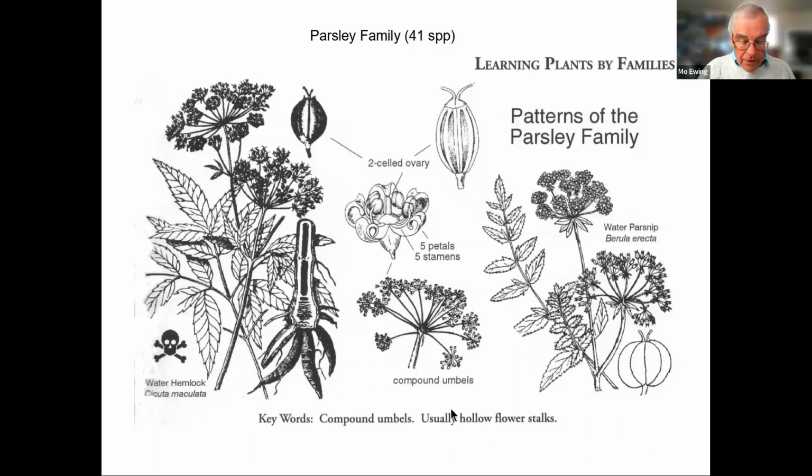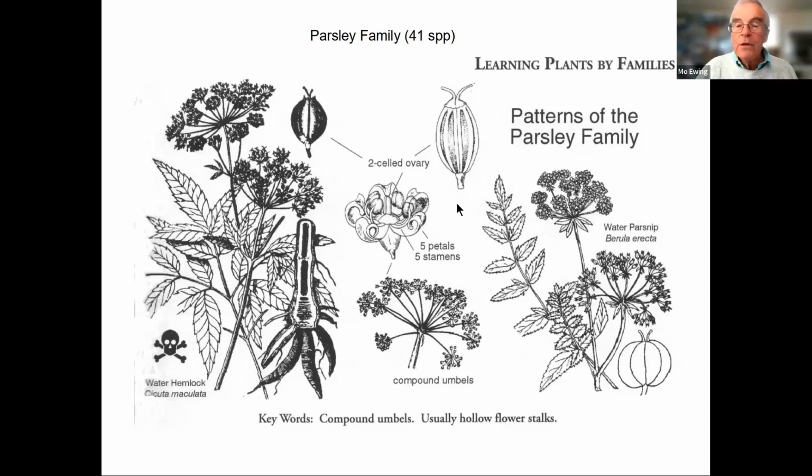If you look at the flowers, they are tiny with 5 sepals, 5 petals, and 5 stamens. They have an inferior ovary, and you can see that in here. Here are your 5 stamens and then 5 petals, and then the ovary sits underneath the flowers and petals, so it has an inferior ovary.